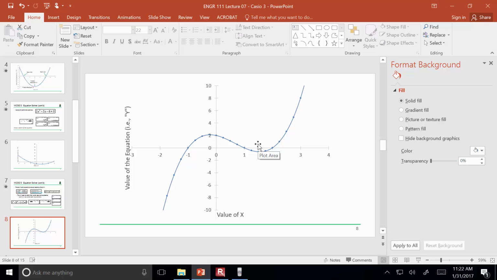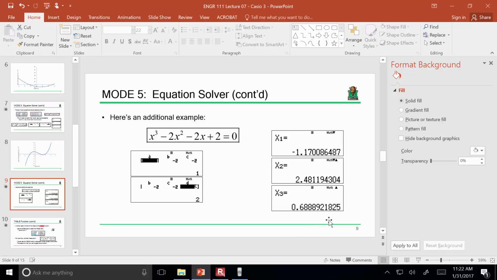But from the calculator, it's not going to tell us how high this peak is going to go or how low this peak is going to be. And so our conceptual graph would simply just be something like this, where you're putting in the roots and the curves continue.